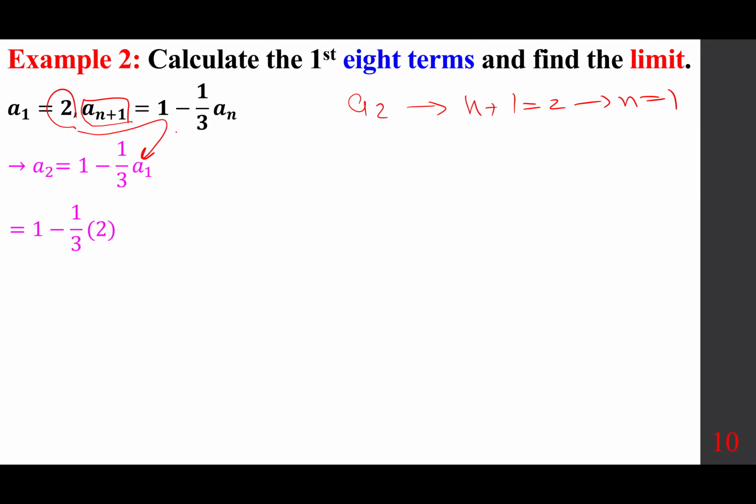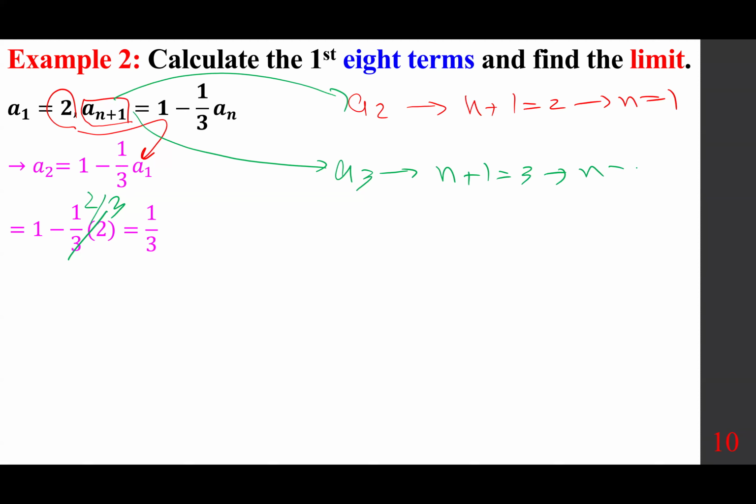Replace it. You get 1 minus 1/3 times 2, which means 1 minus 2/3, which means 1/3. Now, to get a sub 3, n plus 1 must be 3.